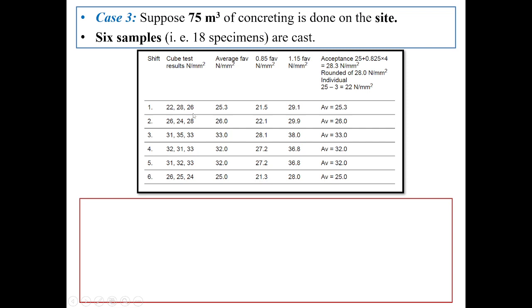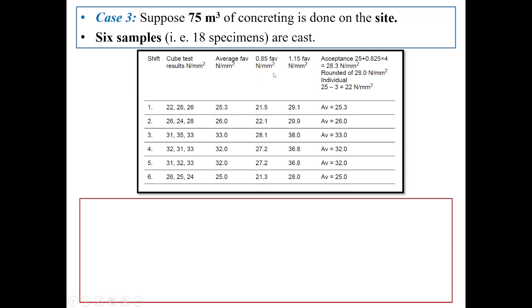Here again the second column shows the individual cube strengths. There are 6 samples, and each sample consists of 3 individual specimens. Again column number 3 shows the average value. For example, for 1 it is 22 plus 28 plus 26 all divided by 3, which gives 25.3. The same will be true for the remaining 5 samples.